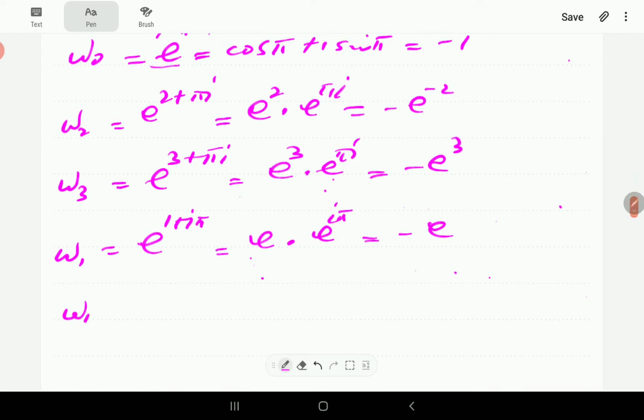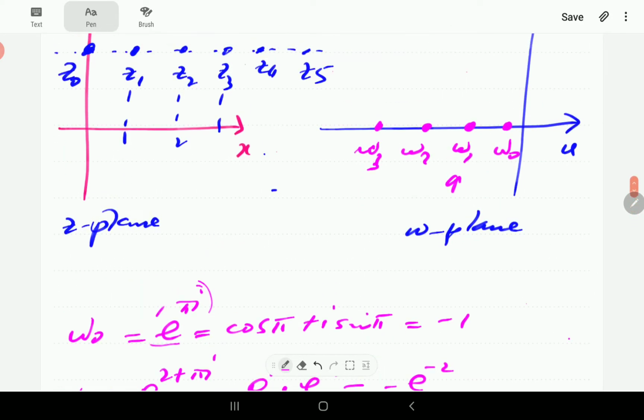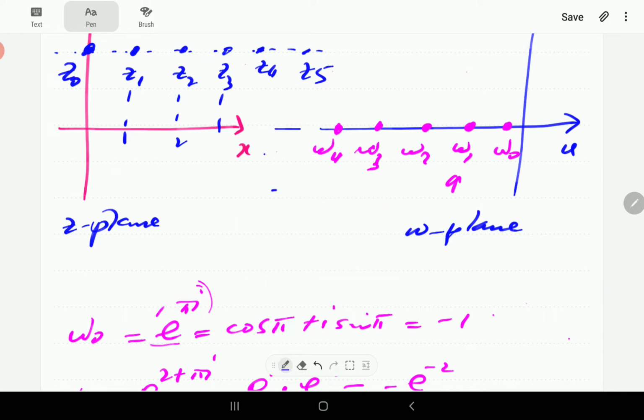And then w4 is going to be e to the 4 plus pi i, which is e to the power 4 times e to the power pi i. It's going to be negative e to the power 4. So that's w4. Now you can see that all of them are actually lying on the negative real axis.